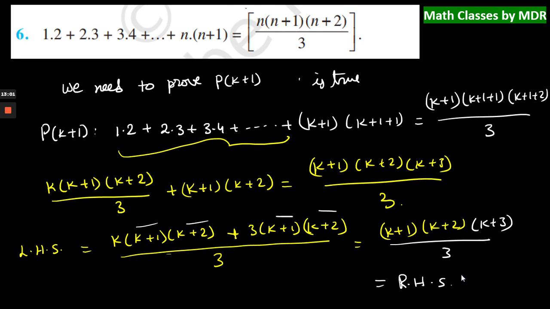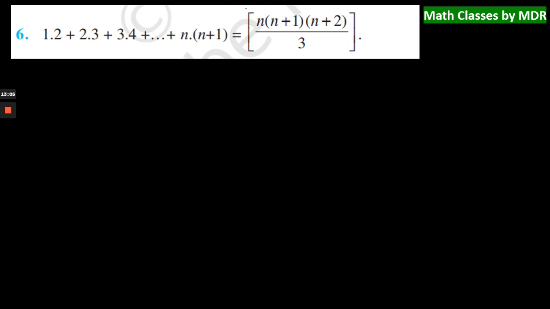So we have proved that P of k plus 1 is true when P of k is true. So from the principle of mathematical induction, what we can write here is P of k plus 1 is true when P of k is true.